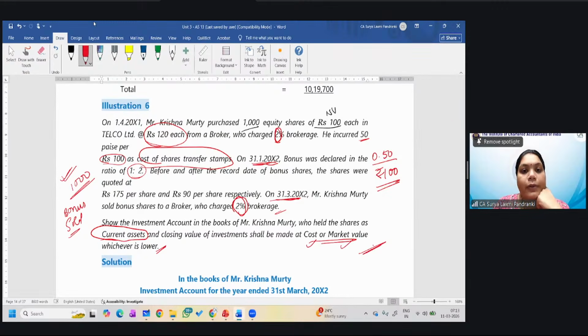Is the question clear to you? In the question, they clearly are telling you 1,000 shares are purchased, then a bonus issue was done in between, and they have sold also bonus shares to the broker. So they're asking you to just prepare the investment account, how all these have to be accounted for.